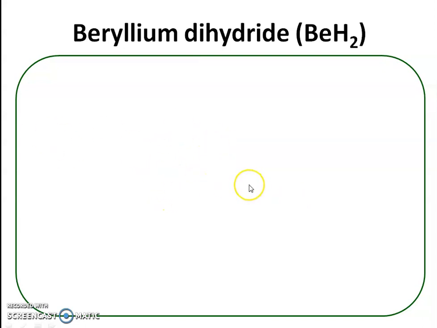Now you know that in molecular orbital theory applied to polyatomic molecules, there are 4 steps. Step 1 is identification of the central atom and peripheral atoms. In the second step, the peripheral atoms contribute atomic orbitals and there is a formation of group orbitals.